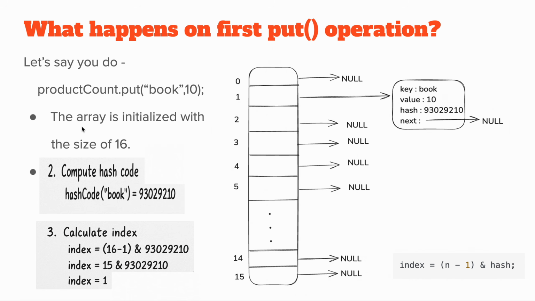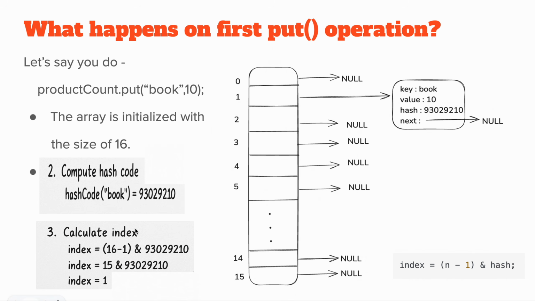So the first step is the array is initialized with the size of 16, right? Next, it will calculate the hash code of a key. So the key book is passed to the hashCode method, and this returns an integer hash value. Assume we get this random integer value, right?